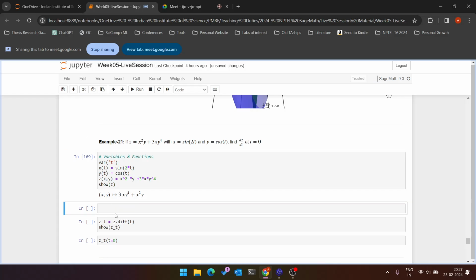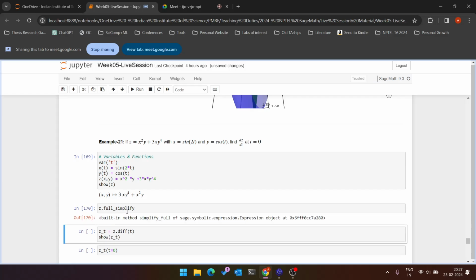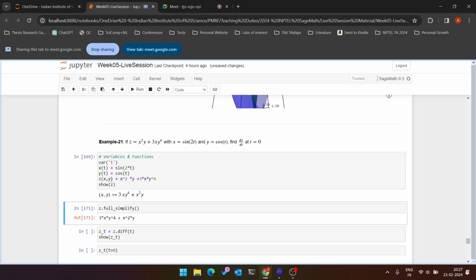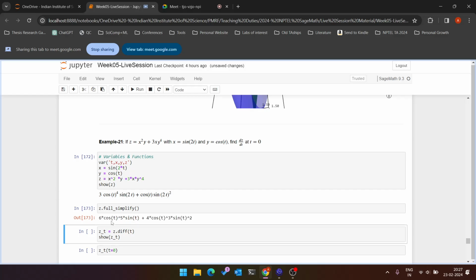If I do z dot full simplify, I think I have to define everything as variables itself. Right, so let us do z dot full simplify.